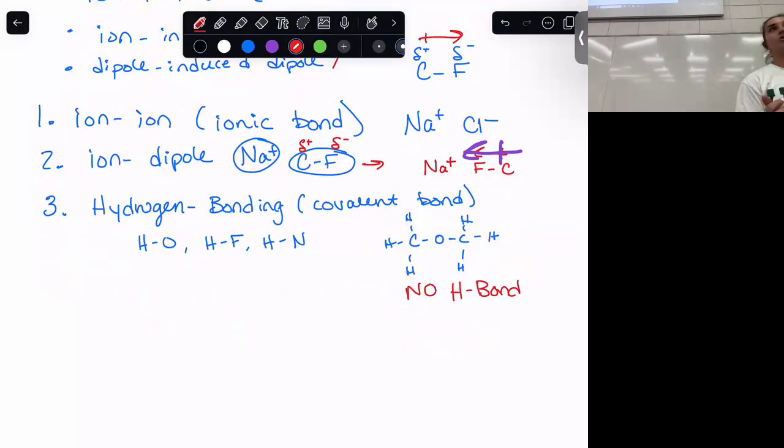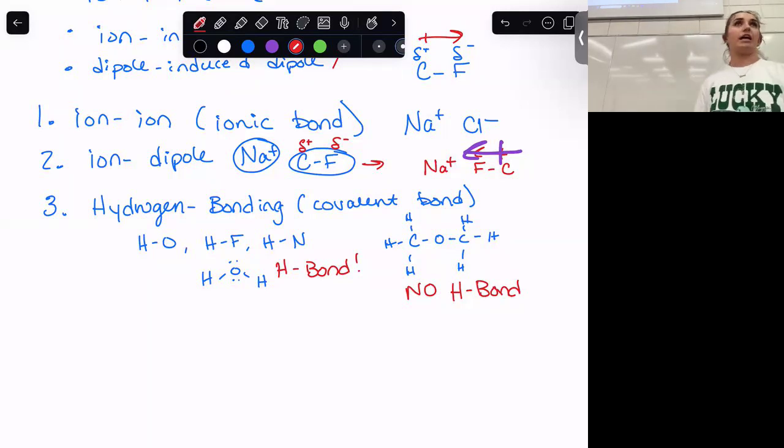But what's an example of something that does have hydrogen bonds? Water, yep. Right, water can hydrogen bond because the hydrogen's directly bound to the oxygen.